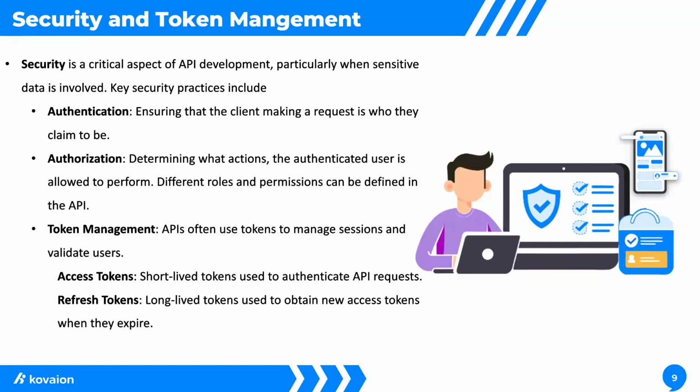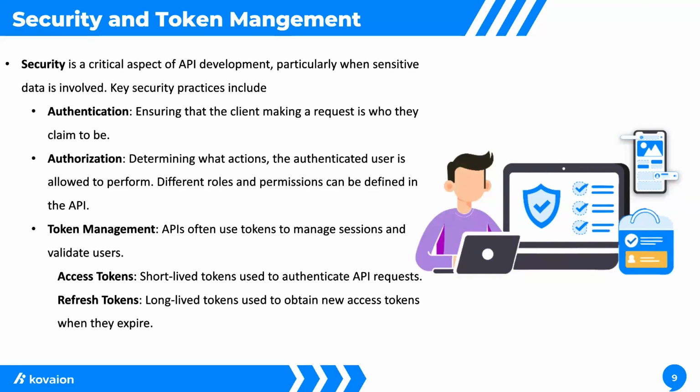Different roles and permissions can be defined in the API. As a real-world example, after logging into the banking app, you are authorized to view your account balance and make transactions. However, you can't access the bank's internal systems because you don't have permission for that.